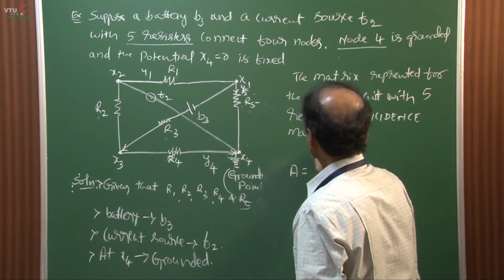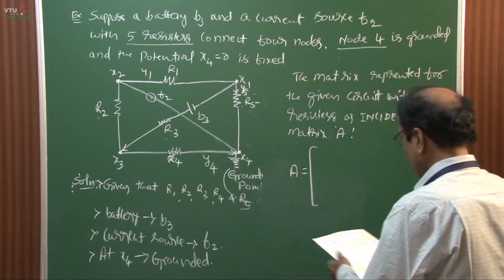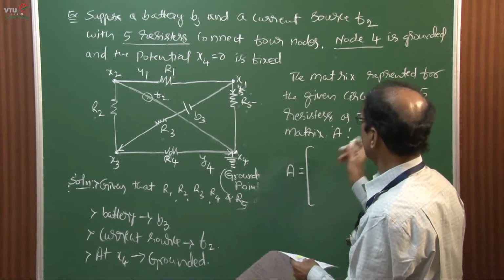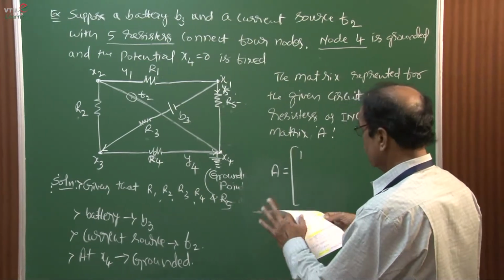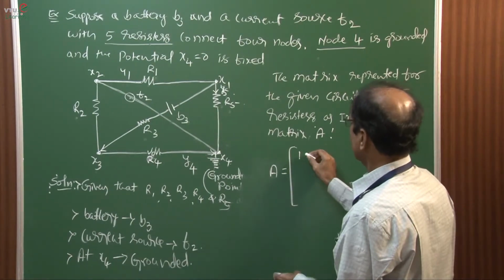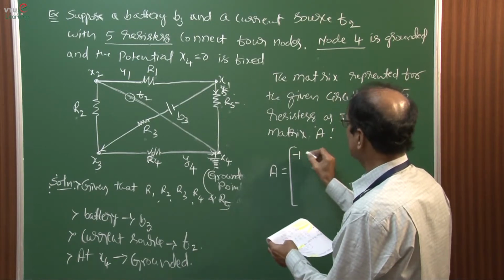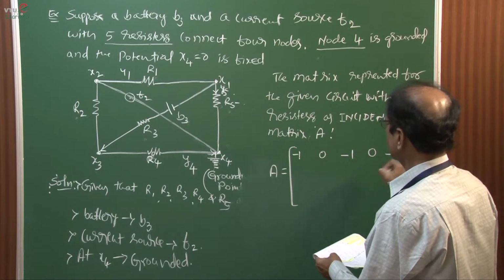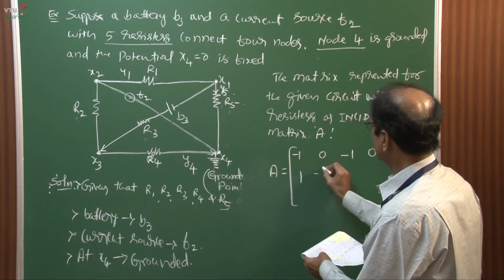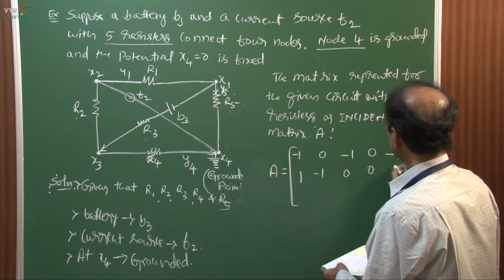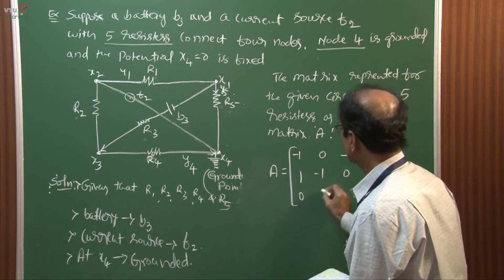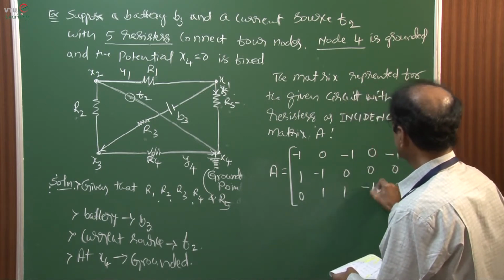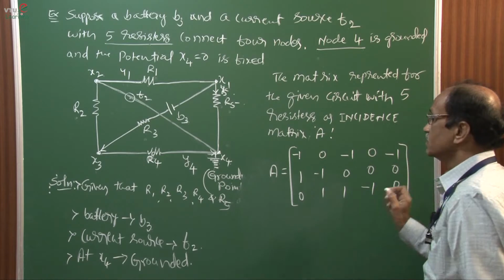That A will be indicated by, for this matrix, that is a non-square matrix anyway. The first number is 1. According to these equations I will form later. That is 1, 0, minus 1, 0, minus 1, 1, minus 1, 0, 0, 0, 0, 1. This is 1, minus 1 and 0.